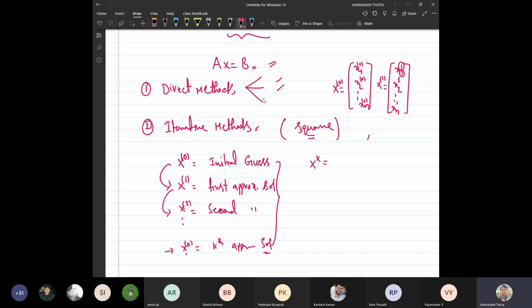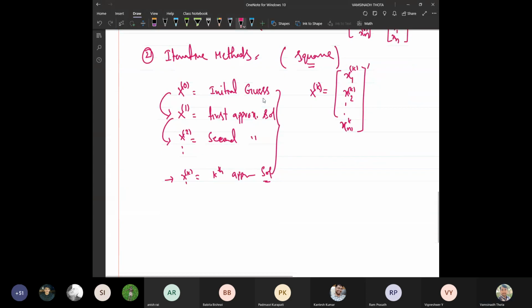And xk means the kth iteration: x in the kth iteration for the first variable, the second variable, and so on up to the nth variable.